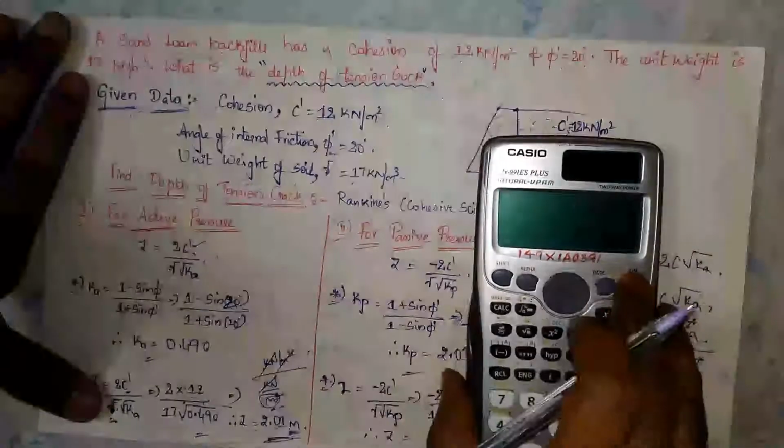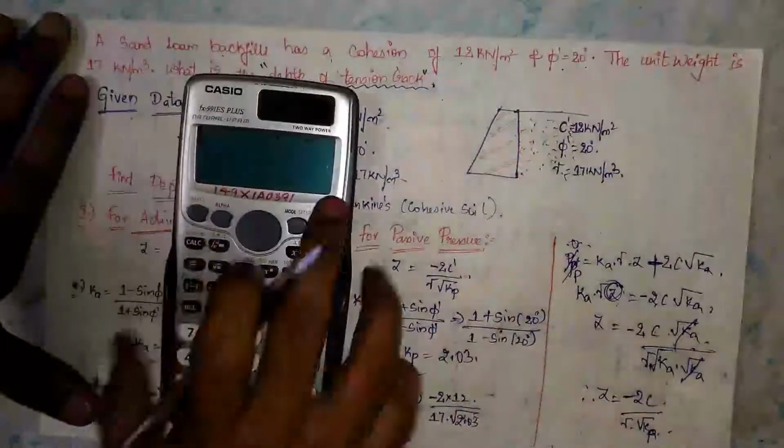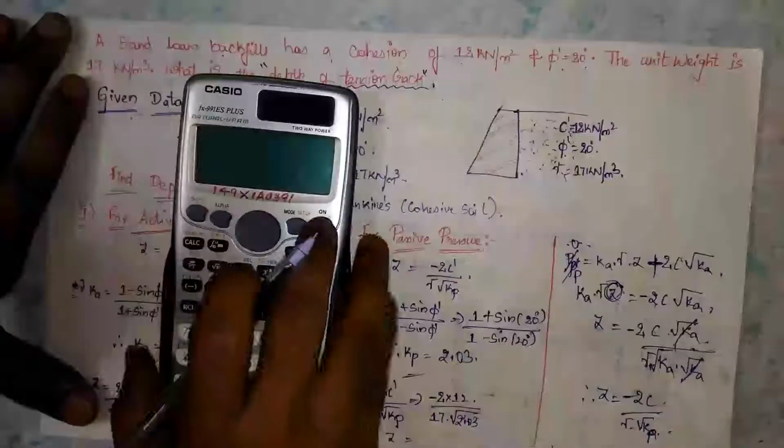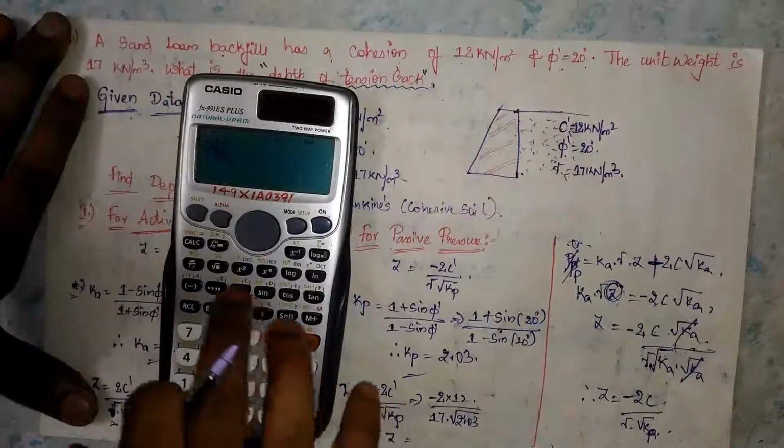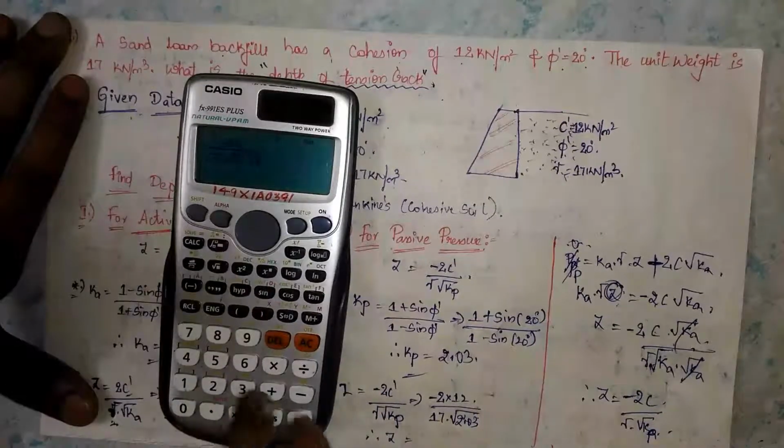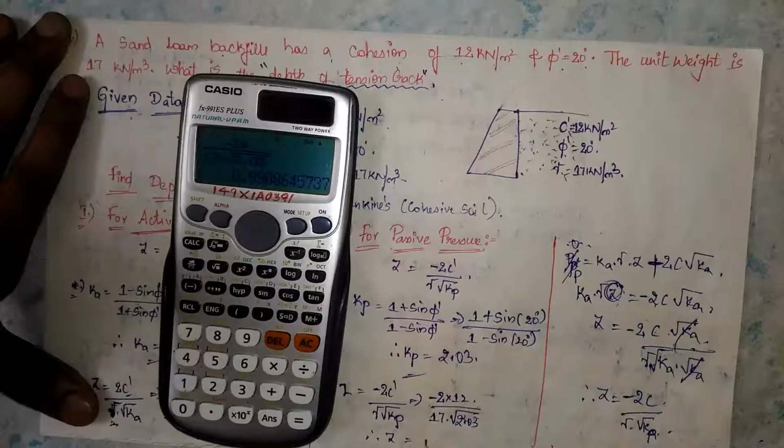Okay, right. Next for the same, minus 24 by 17 into root 2.03. So 0.99 meters. Okay, so this is the condition.